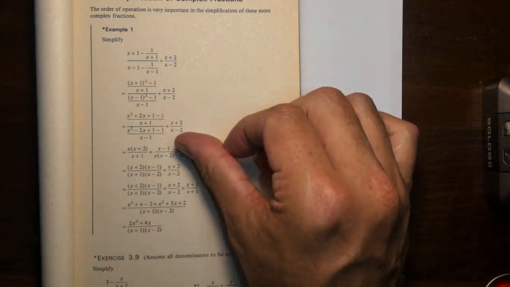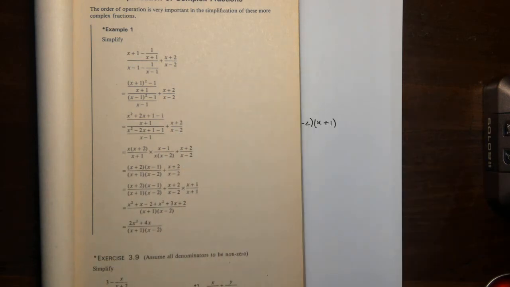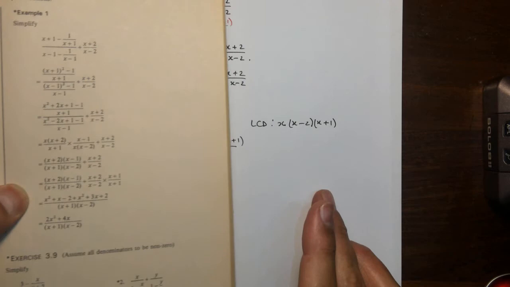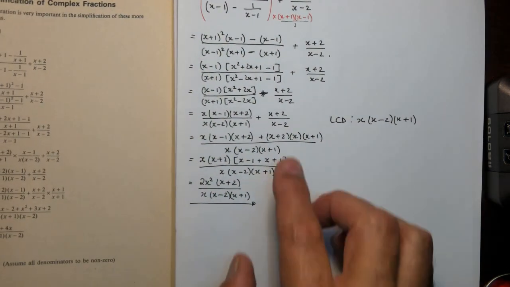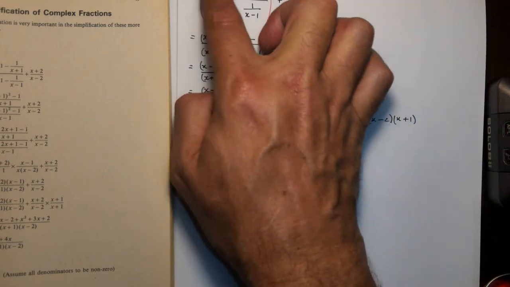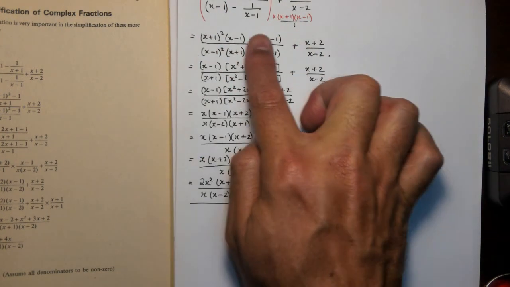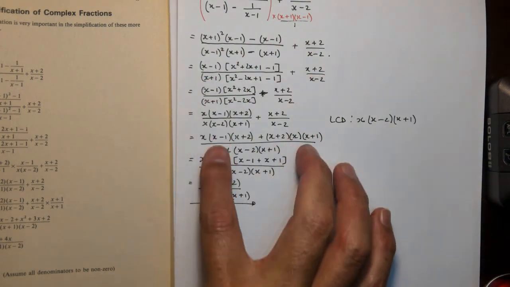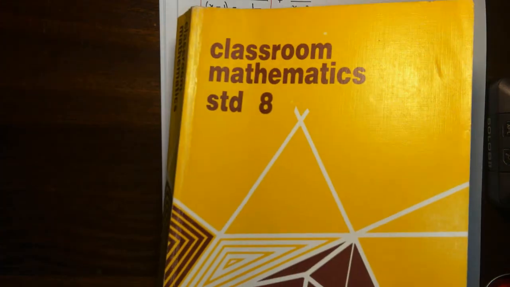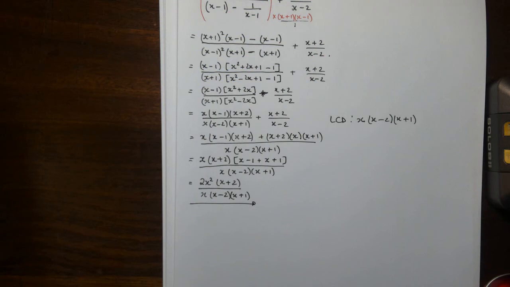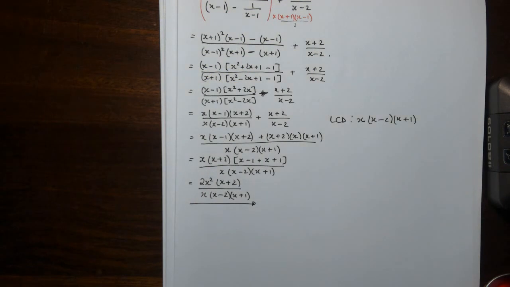In fact, there's a step missing between these two. So what we do is we say, no, we are going to try and get rid of the complex fraction from the word go. By looking at this part's LCD, it's gone, and now we deal with it as a normal fraction. So that was the old standard 8, the old grade 10 textbook for complex fractions.